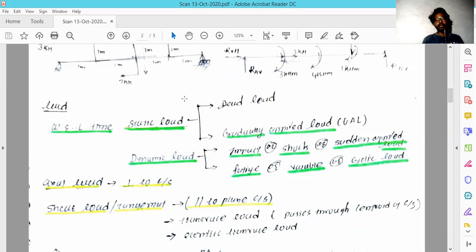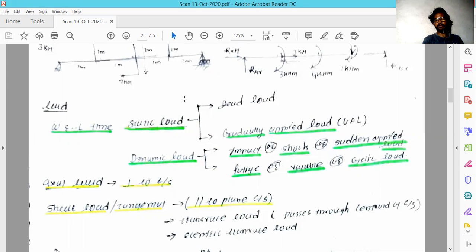We are going to move one by one. First is the static load. In this static load, first is the dead load, and second is a gradually applied load. So first, what is dead load? Dead load is nothing but once you apply the load on that link, it will always remain the same over there.